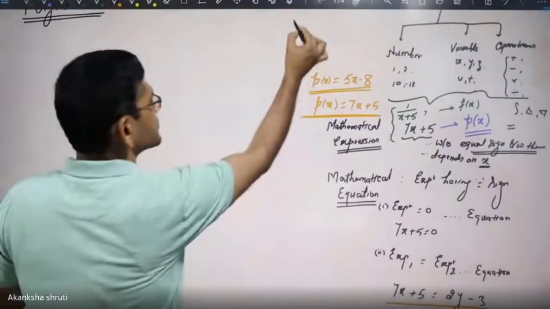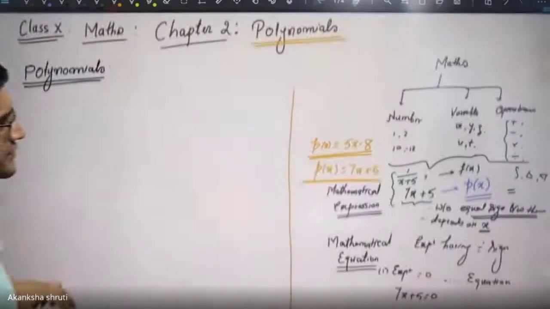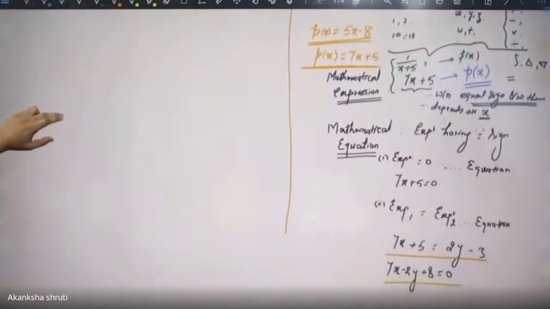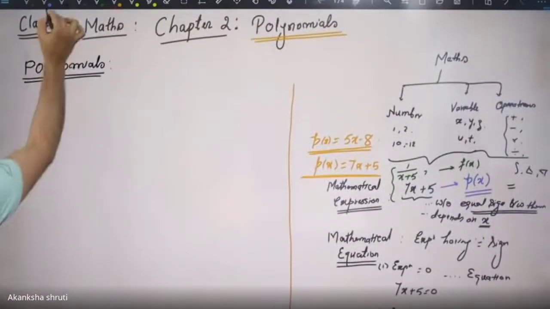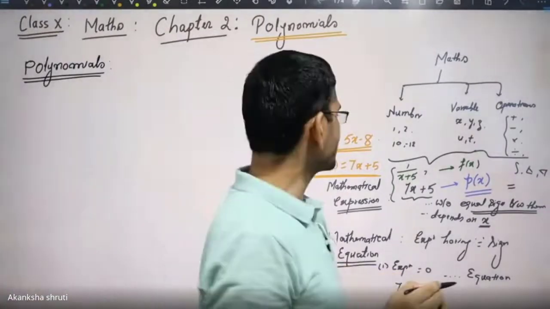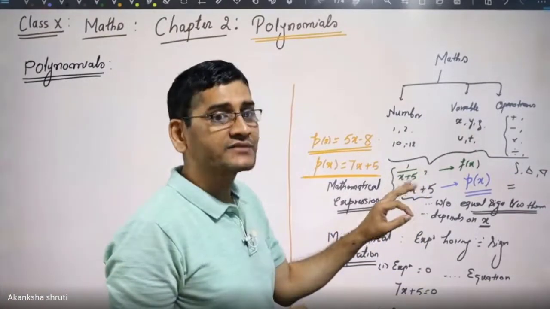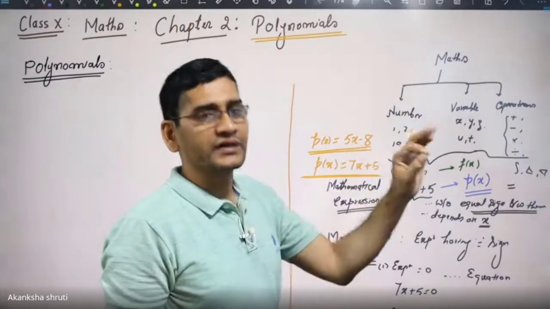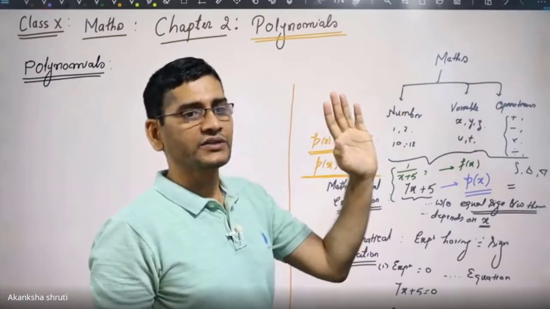So student, this was all about our basic thing. Now let us define this polynomial. What is a polynomial? Student, a polynomial is a mathematical expression that satisfies certain conditions. What are those conditions?